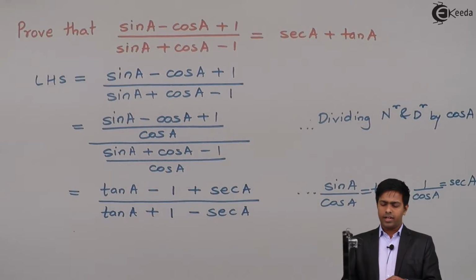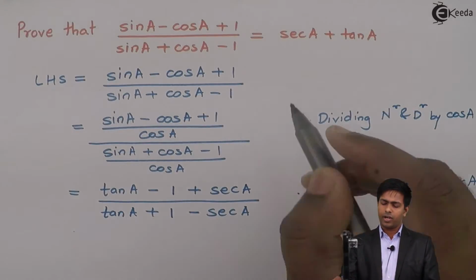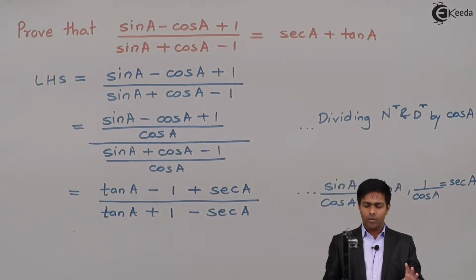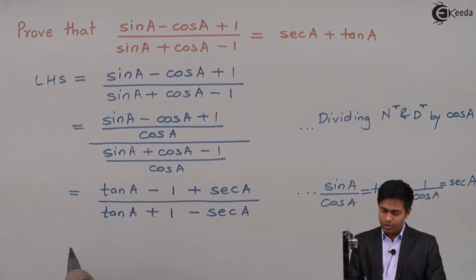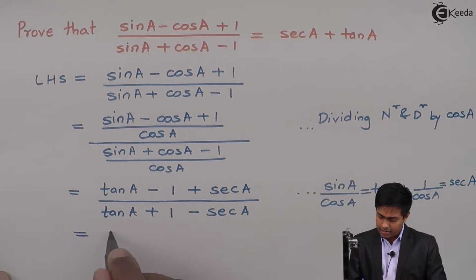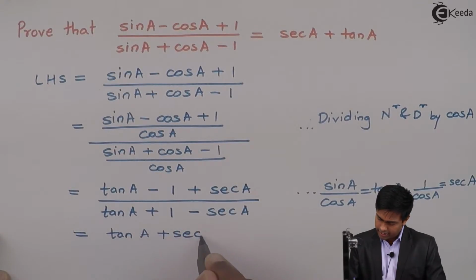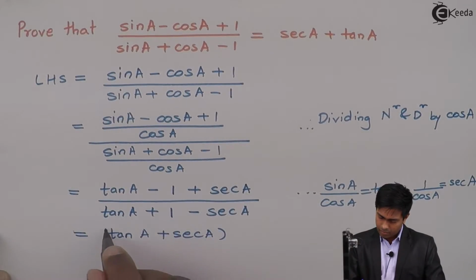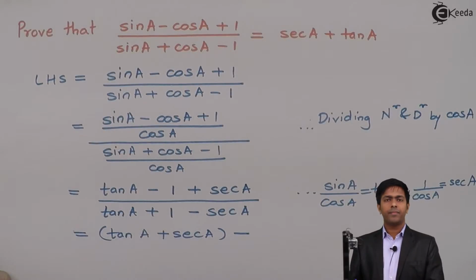And now let's solve it. Let's apply some formulas of trigonometry and get the value as sec a plus tan a. Now how will we achieve it? For that I will write down the numerator as tan a plus sec a minus 1, and for 1 we can use a formula. Now what is the formula?